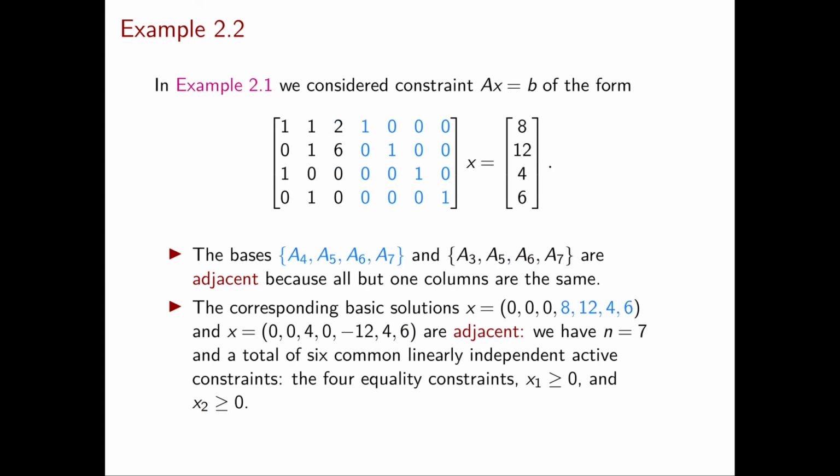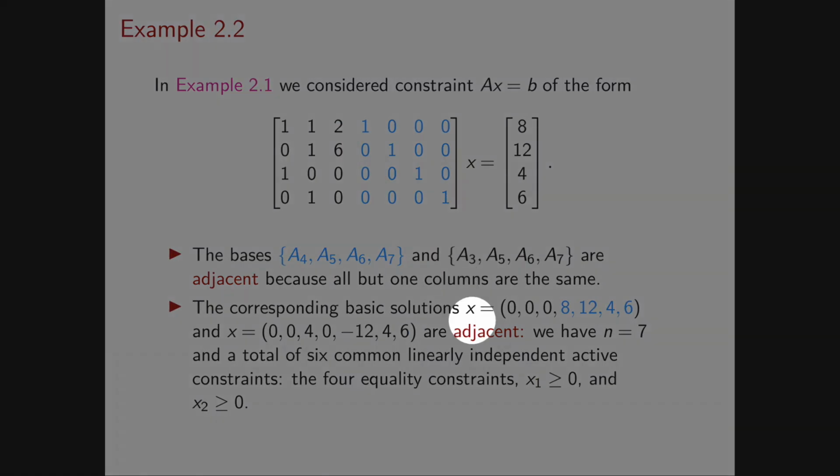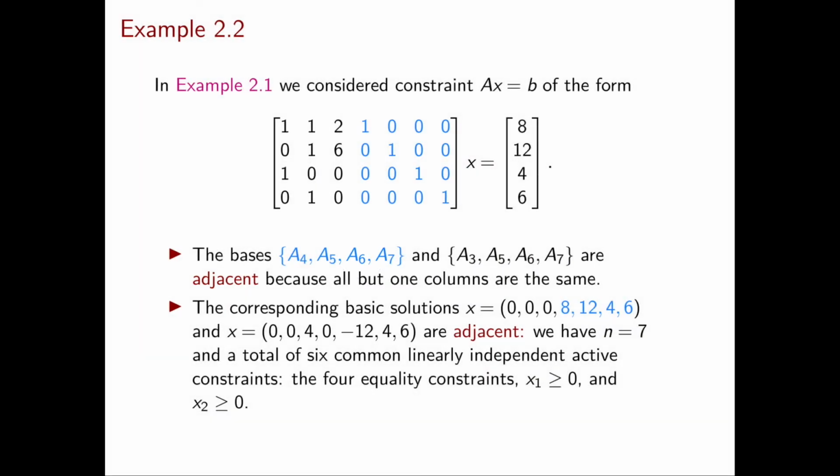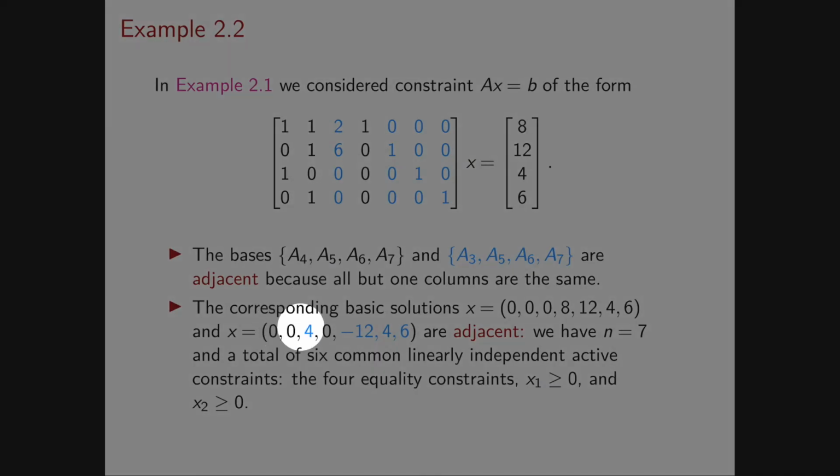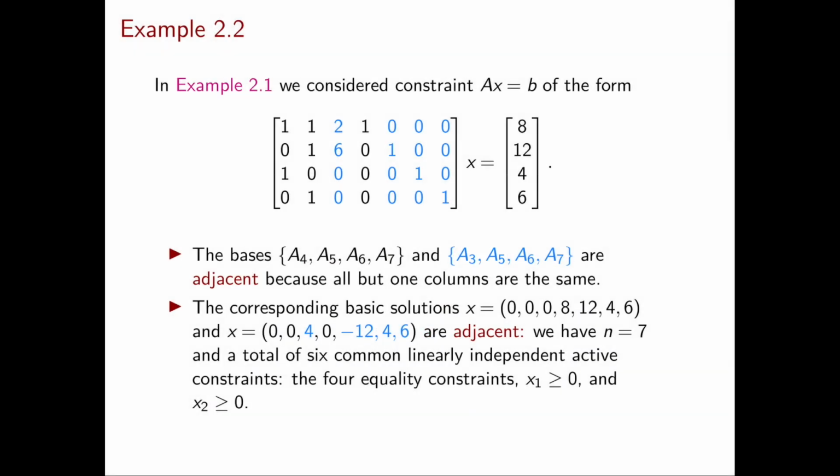The corresponding basic solutions are x equal to 0, 0, 0, 8, 12, 4, 6 for the first basis, and 0, 0, 4, 0, -12, 4, 6 for the second basis. And these two basic solutions are adjacent.